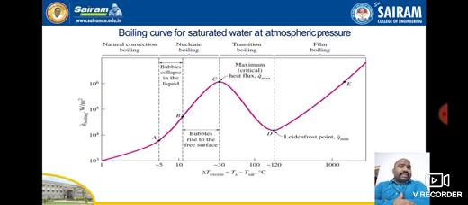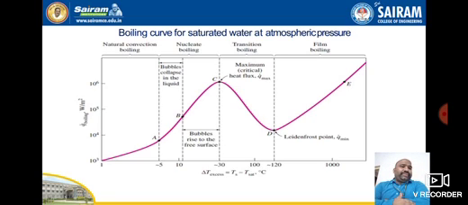Here the vapors decrease the heat transfer, and once it reaches point D, film boiling takes place. What is film boiling? It is the accumulation of bubbles or vapors at the surface.